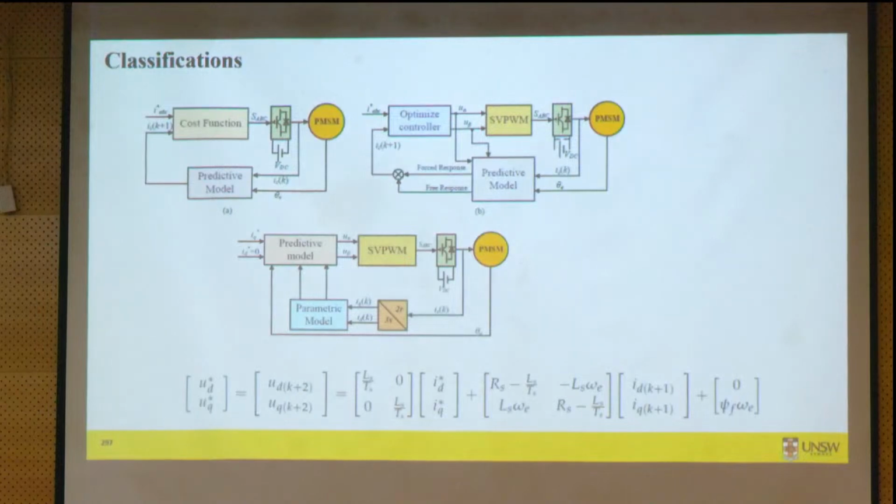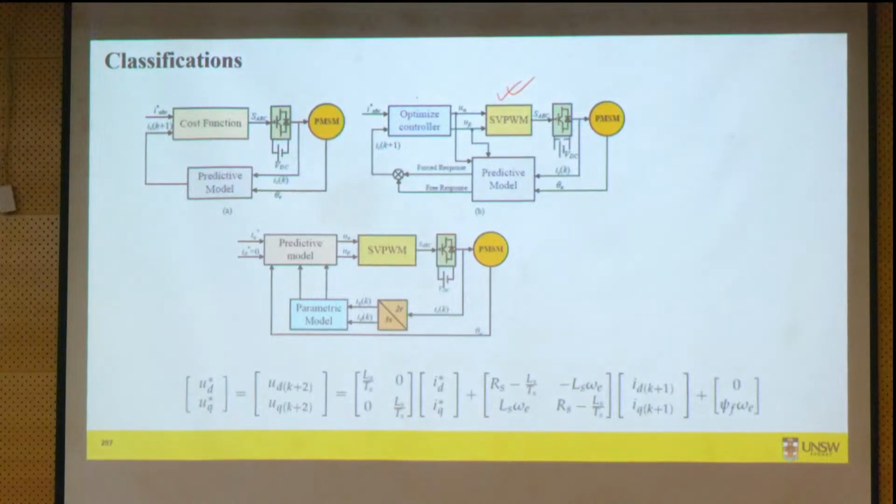That's why sometimes, similar to DTFC, they use SVPWM. Instead of applying the vectors directly, they find the reference voltages, apply the SVPWM technique, and apply the pulses instead of the vectors.